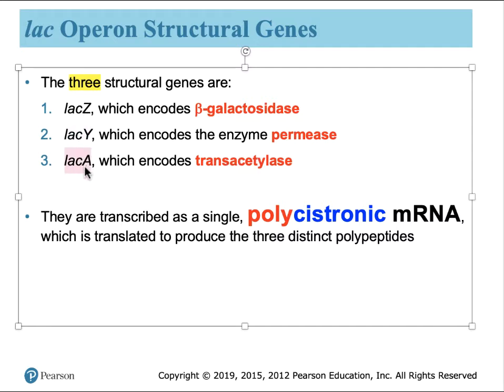These three genes are encoded into a single messenger RNA, which is then later processed into three separate proteins. Whenever that happens, we use this genetic term: polycistronic. Poly means more than one, cistronic means genes, so there's more than one gene on the messenger RNA.